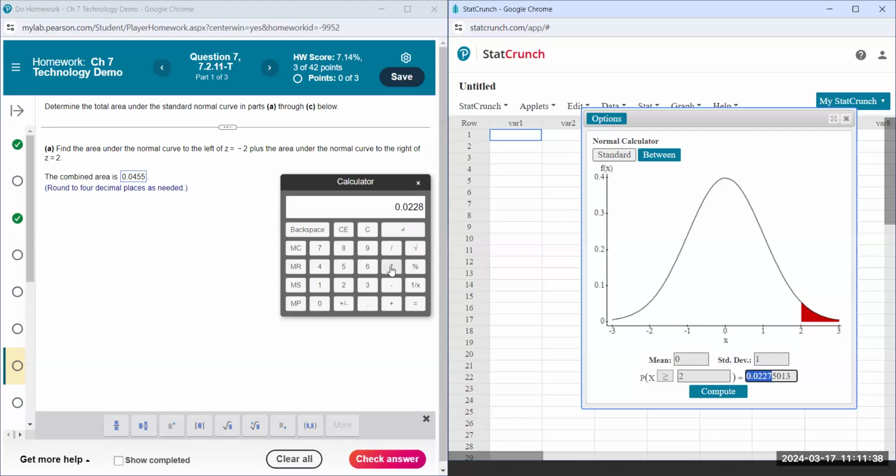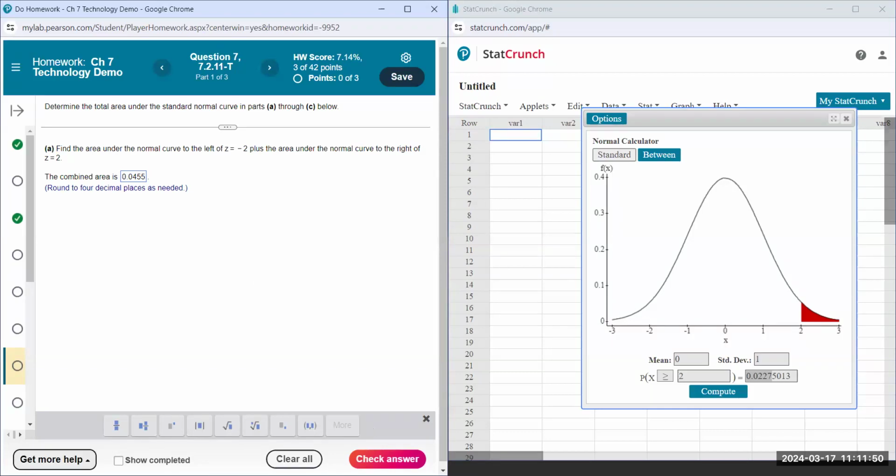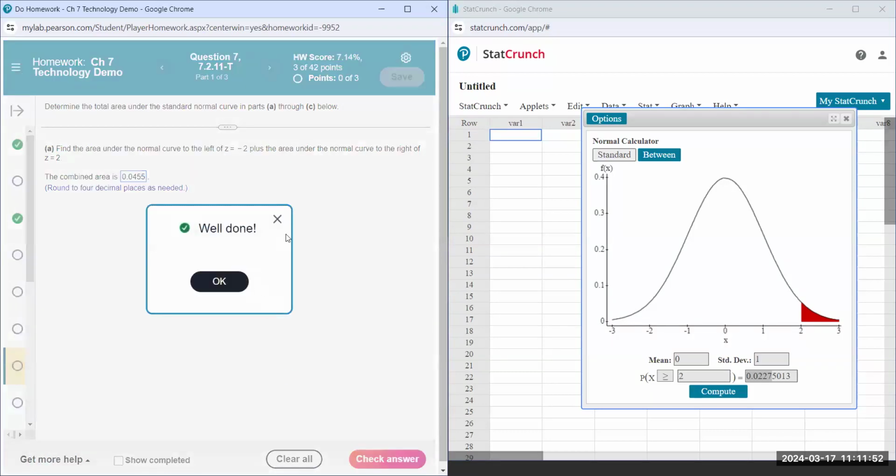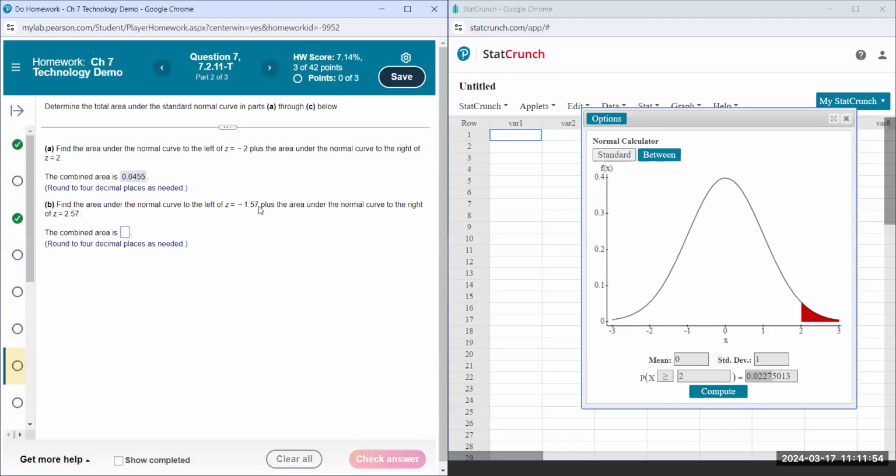I'll just do ×2 to do it faster, since it was the same, but you can do add, and then you get 0.0456, just because of how it was rounded. But if you're off by like 1,000th, that should be okay. I wonder if the other answer would work okay too.